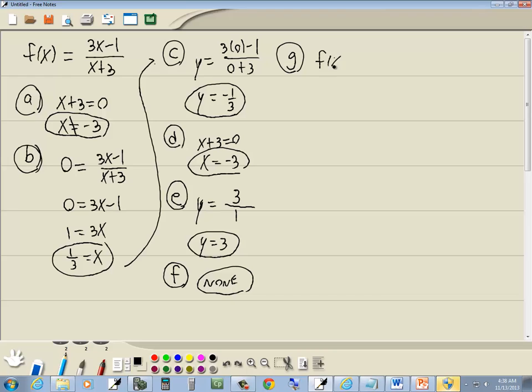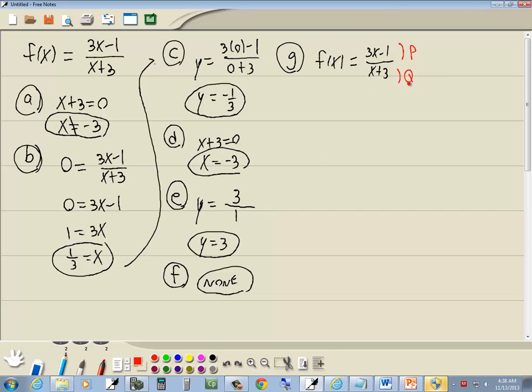Well, we've got f of x is equal to 3x minus 1 over x plus 3. In order to find where it's increasing or decreasing, we have to find the derivative, and this is a quotient rule. The top part will be p, the bottom part will be q. We need p prime. The derivative of 3x minus 1 is 3. We need q prime. The derivative of x plus 3 is 1.